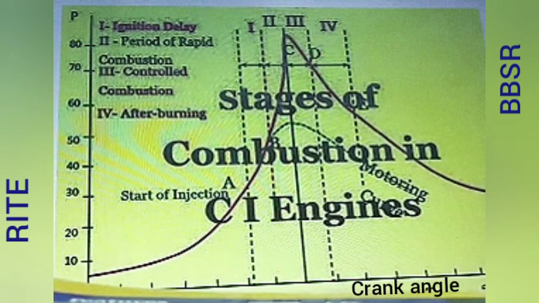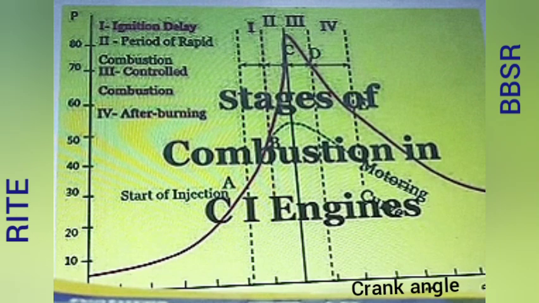So before discussing all these things, one thing that we should know is that in the case of a compression ignition engine, there is no provision to prepare the air fuel mixture in a carburetor, because a carburetor is not provided in compression ignition engines.